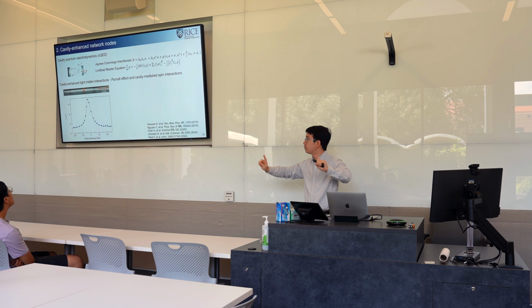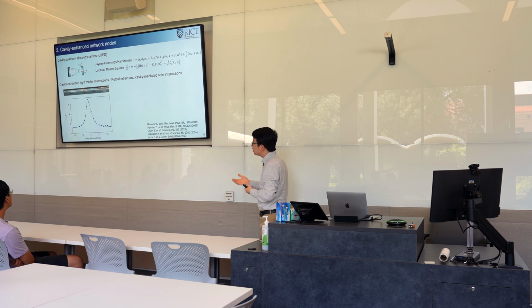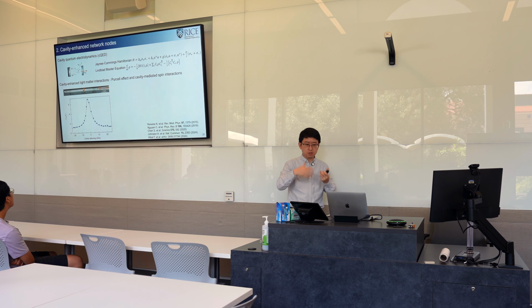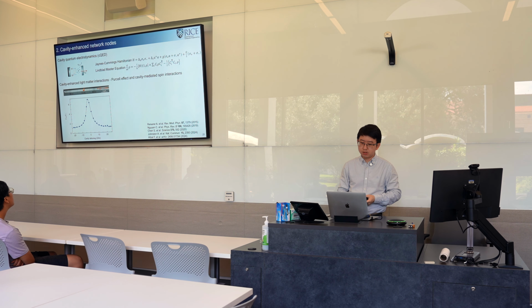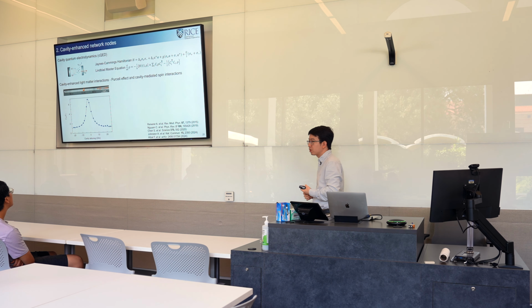And then when you move far away, it decays as a Lorentzian. So this shows you that the enhancement is an effect of the cavity coupling. This is a very famous phenomenon called the Purcell effect, okay? And we can use this numerical cavity QED model to explain everything we saw in the experiments.